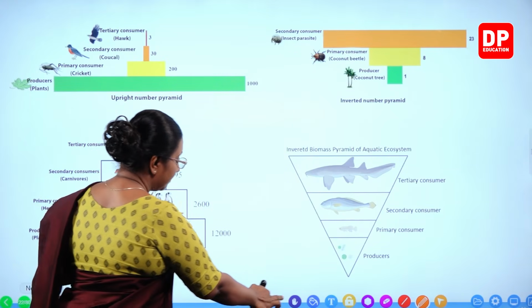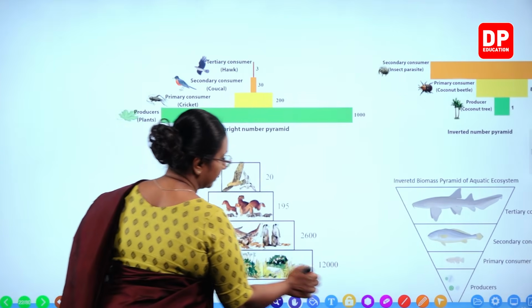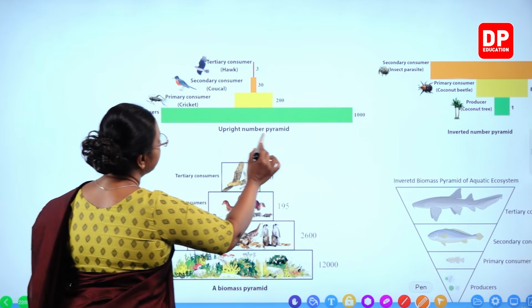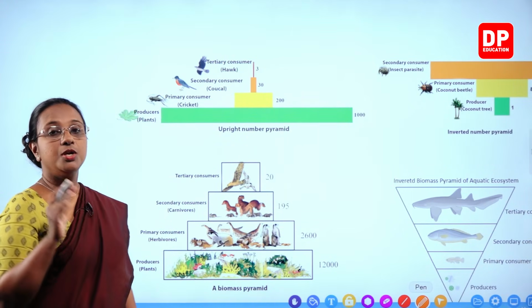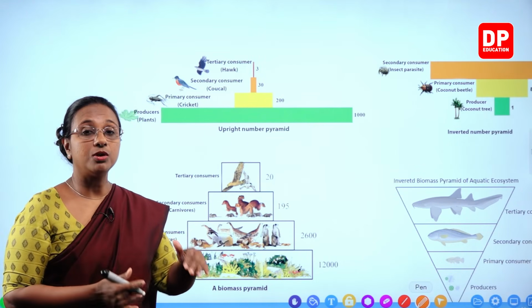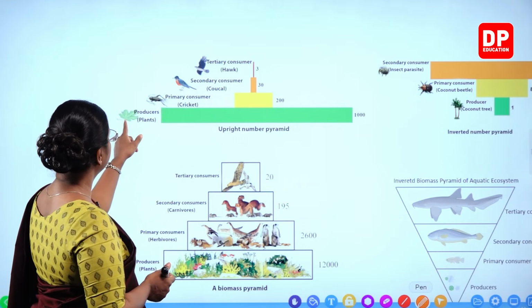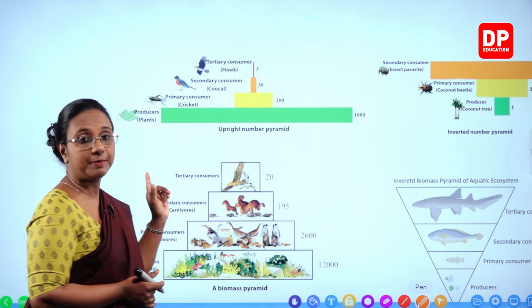Now you're familiar with these. So here, students, you all can see the first diagram. Now this one is an upright number pyramid. Normally, if you take the environment, the number of organisms that belong to each trophic level. So here you can see the first trophic level is the producers, for example, plants.